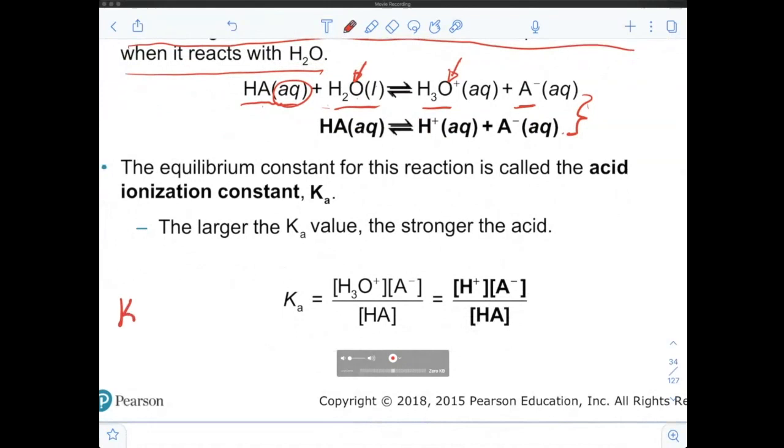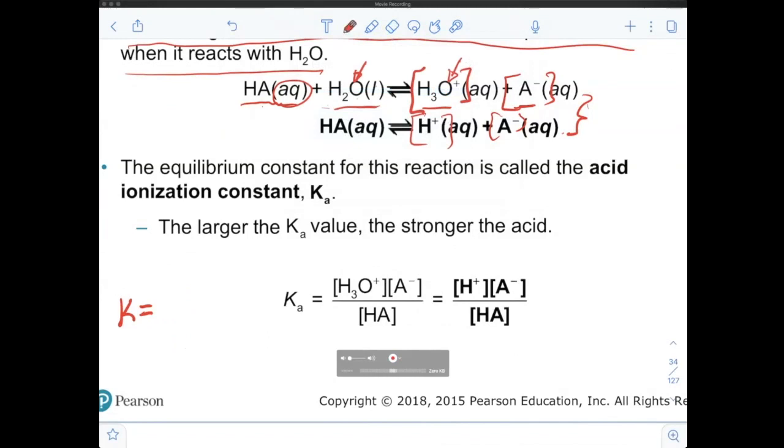Remember, the Ka is the equilibrium constant where we do product over reactants. I know it's been a while since we started this, but take your product ions, either this and this, or this and this, like they did in this case here, and they're trying to tell you that either one is fine.